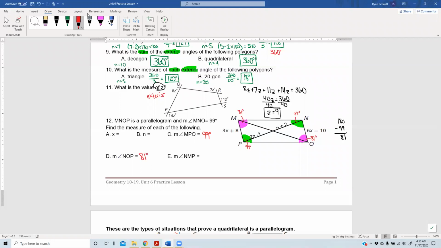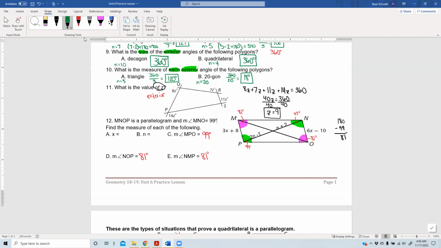And the measure of angle NMP, so M is where it turns, that one's 81 degrees. Now we've just got to find x and n. Well, let's do n first.